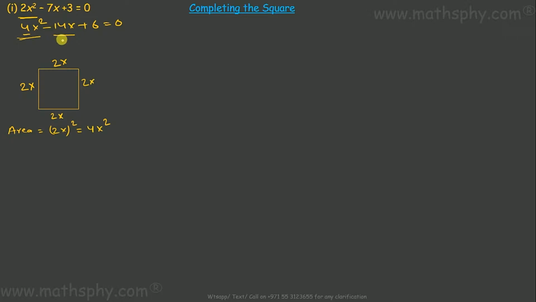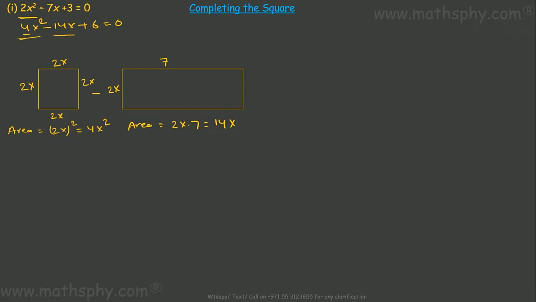So let's draw a rectangle for this, like this. This is negative here. We can take this side as 2x and this side is 7. So the area here would be 2x into 7, 14x.